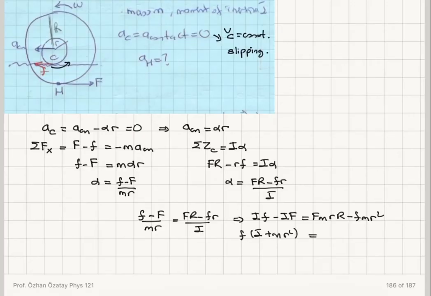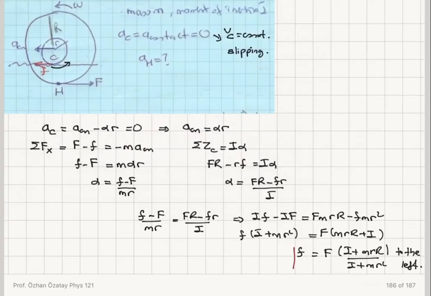So this is capital F times I plus m r squared is equal to F m r r plus I. So the force of friction is F times I plus m r divided by I plus m r squared. So the force of friction I have found here is positive, so it is going to be to the left as I assumed it to be.